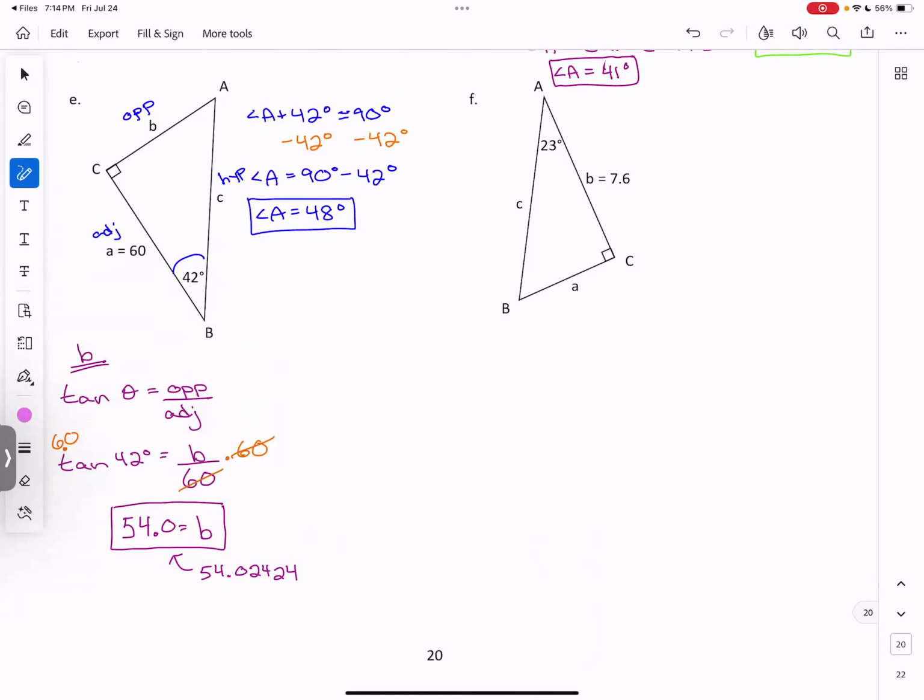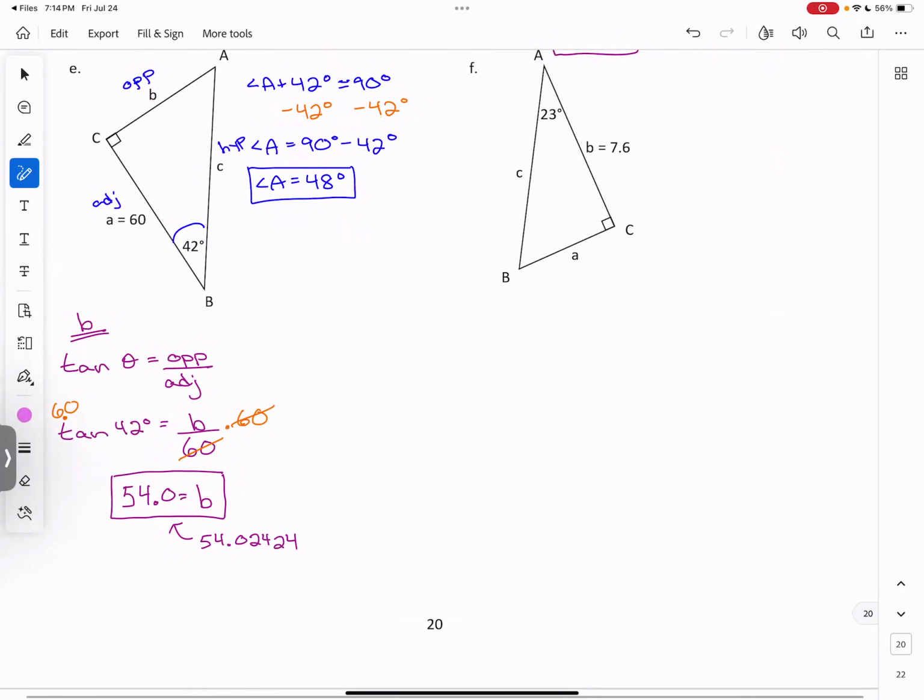Okay, so we're looking for little c. I know a squared plus b squared equals c squared. A is 60, so 60 squared plus 54.02424 squared. Using lots of decimal places like this will just prevent rounding error.